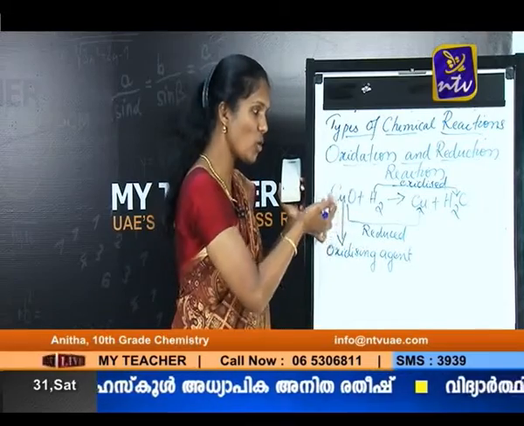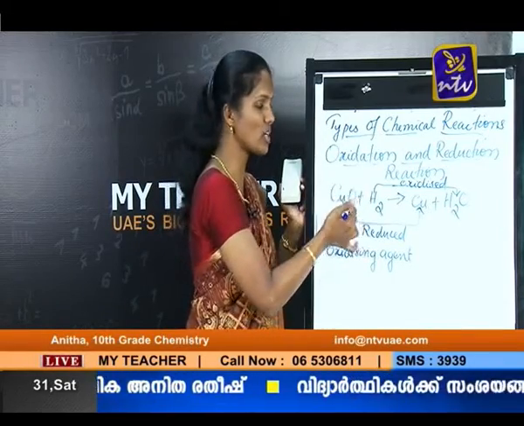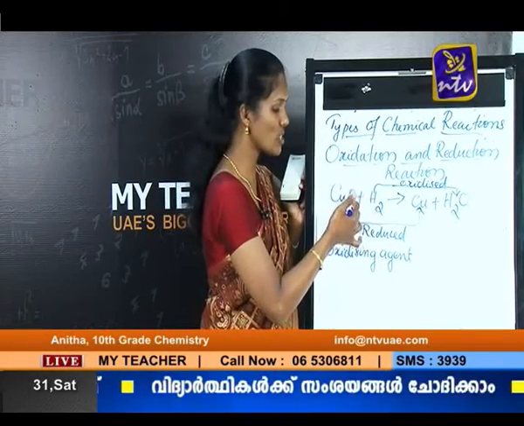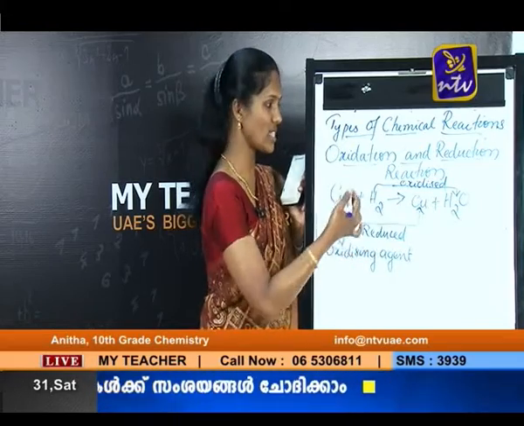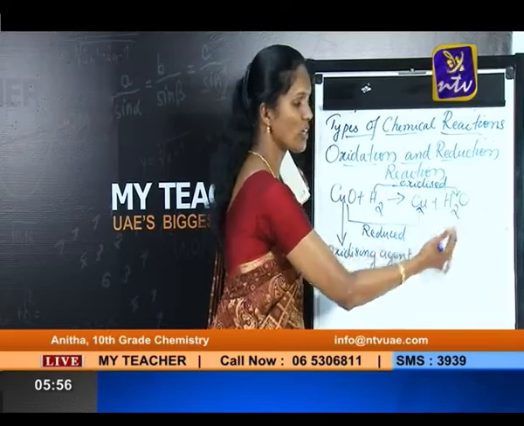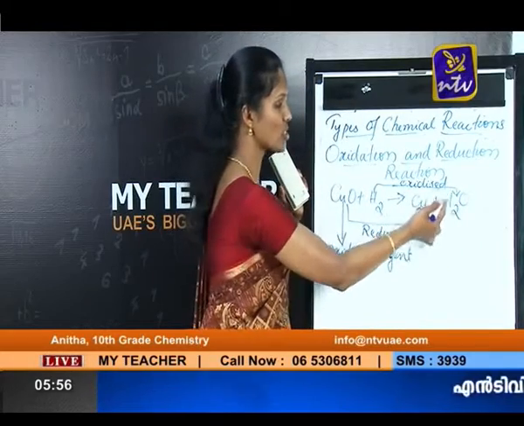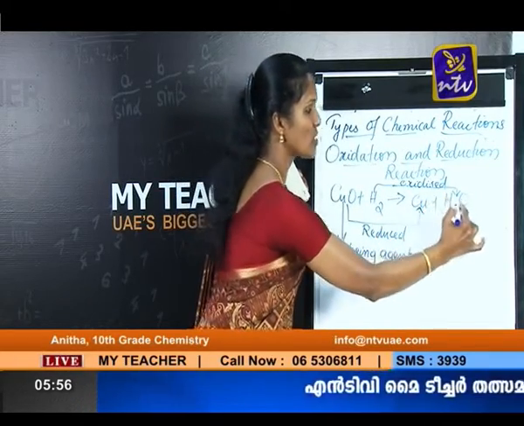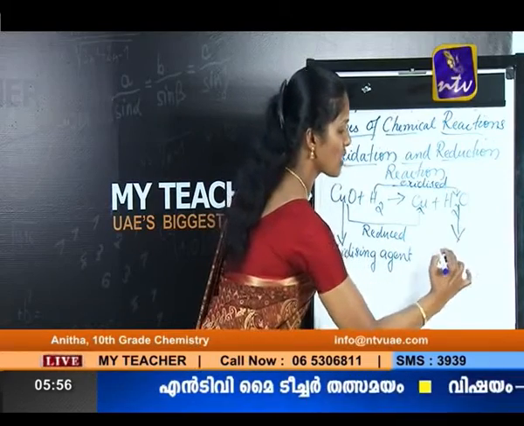But this CuO is helping hydrogen to get oxidized, so this is called an oxidizing agent. And here hydrogen is getting oxygen, which is an oxidation reaction, and this is called a reducing agent.